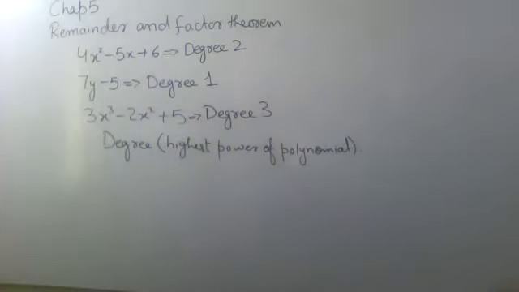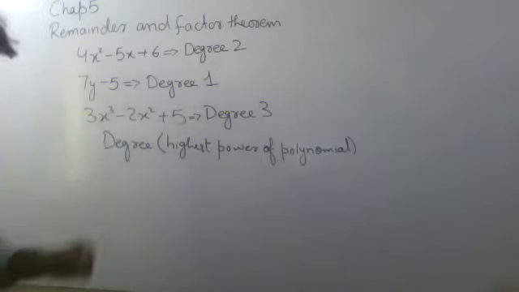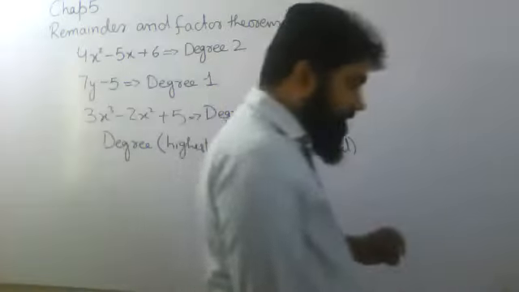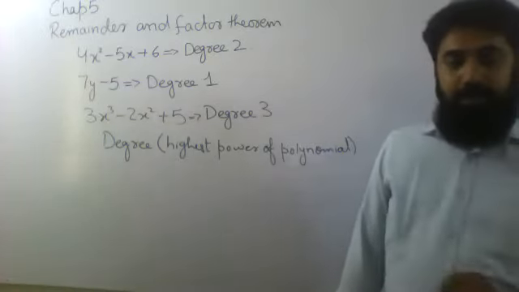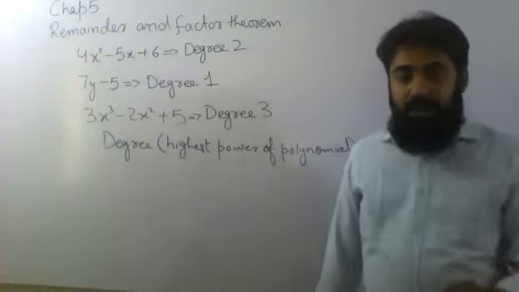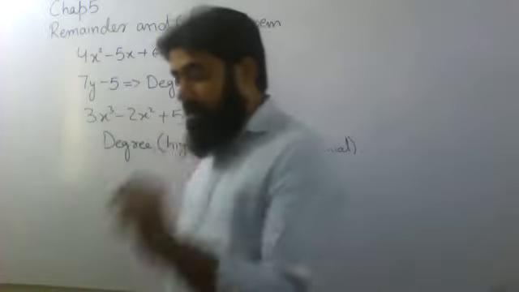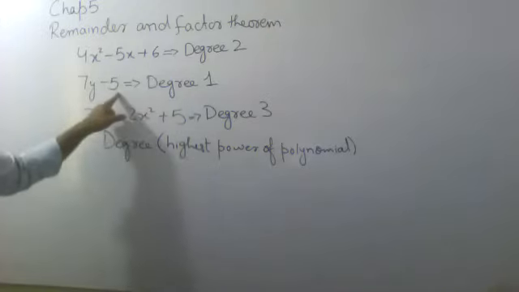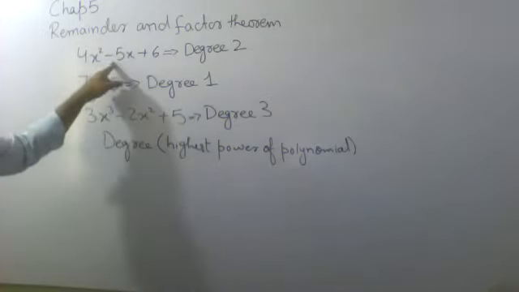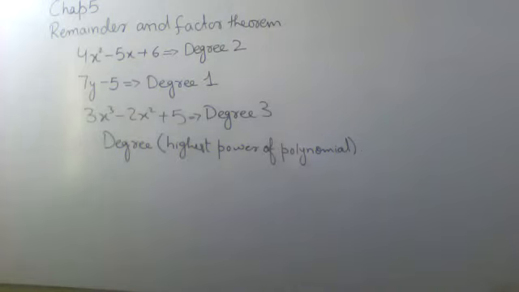So the polynomial, whatever is the highest power of the variable in a polynomial, that will be known as the degree of that polynomial. This is of degree 3. This is of degree 1. This is of degree 2. The highest power of the variable will be known as the degree of the polynomial.